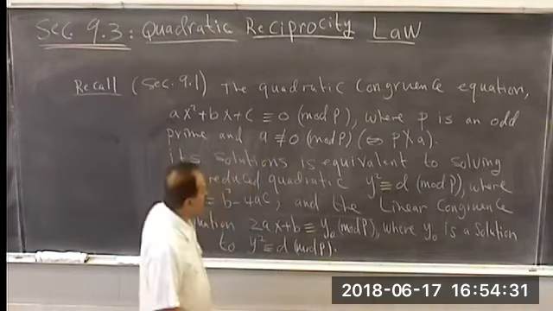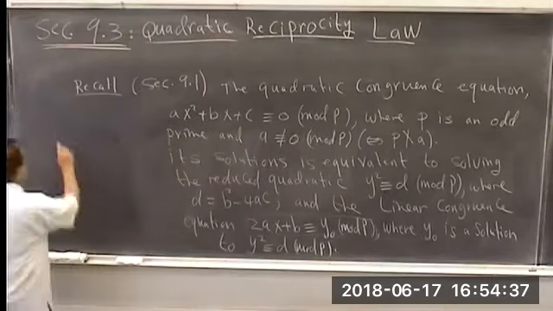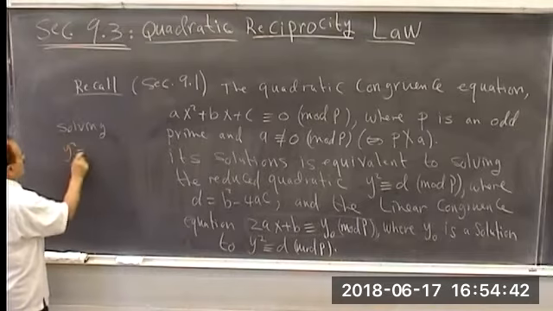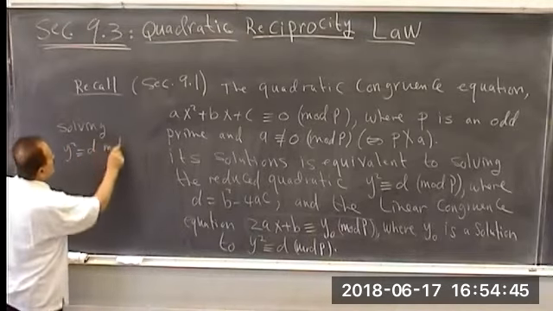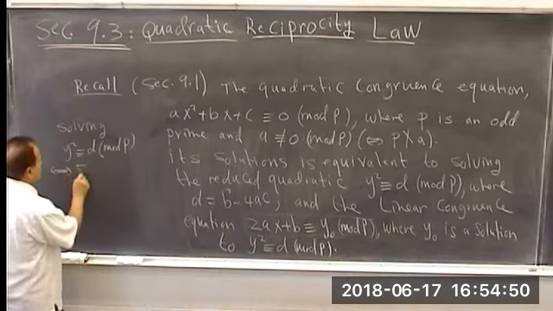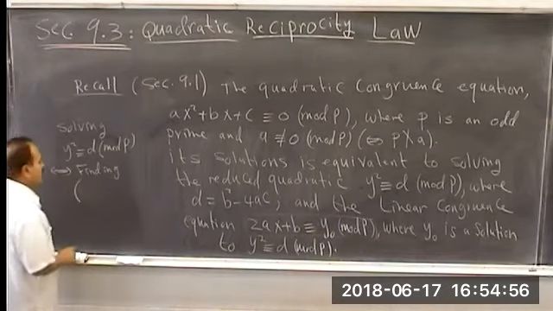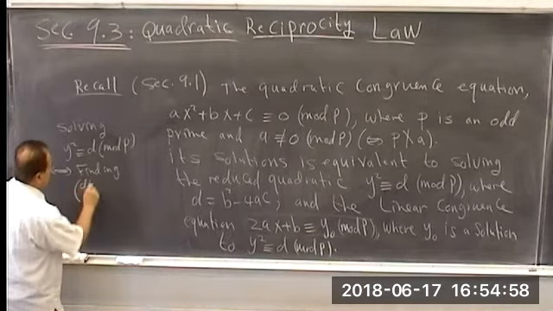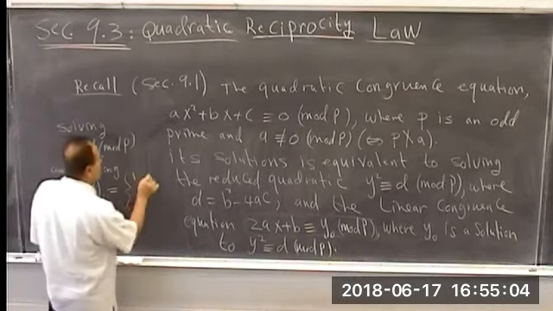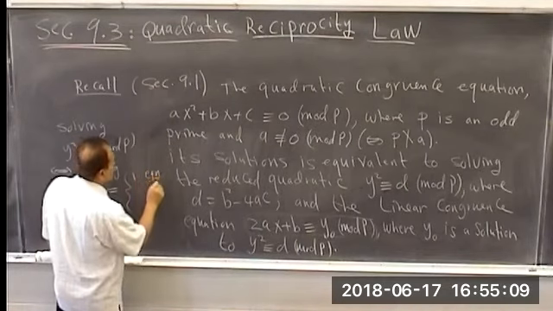Solving y squared congruent to d mod p is equivalent to finding the value of the Legendre symbol (d/p). If this is equal to 1, then the equation has a solution.